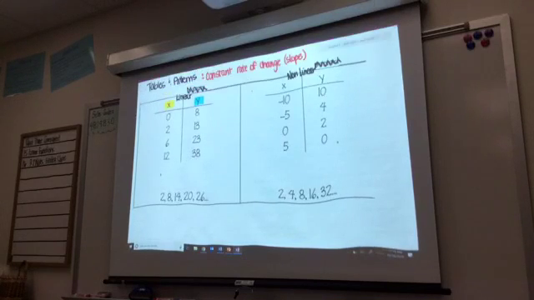How did I get from 0 to 2? Plus 2. Perfect. What about 2 to 6? Plus 4. What about 6 to 12? Plus 6. Okay. What about from 8 to 13? 5. What about 13 to 23? 10. And then 23 to 38?